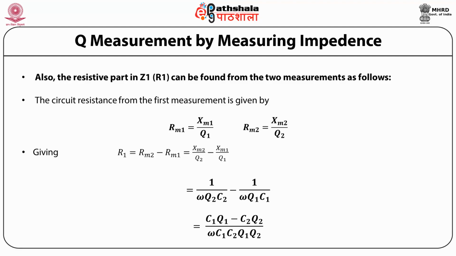Putting in the values, we get R1 is equal to 1 by omega Q2 C2 minus 1 by omega Q1 C1. So, the final expression for R1 is (C1 Q1 minus C2 Q2) divided by omega C1 Q1 C2 Q2.